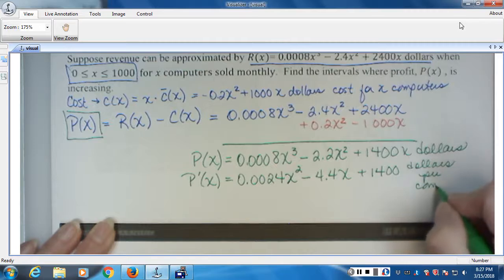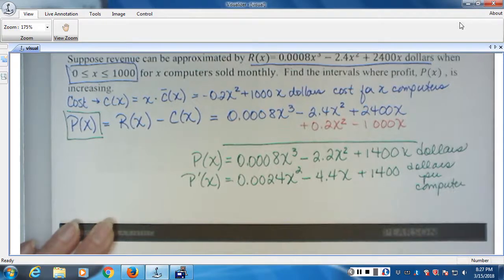So your derivative is positive 0.0024x squared minus 4.4x plus $1,400 per computer.